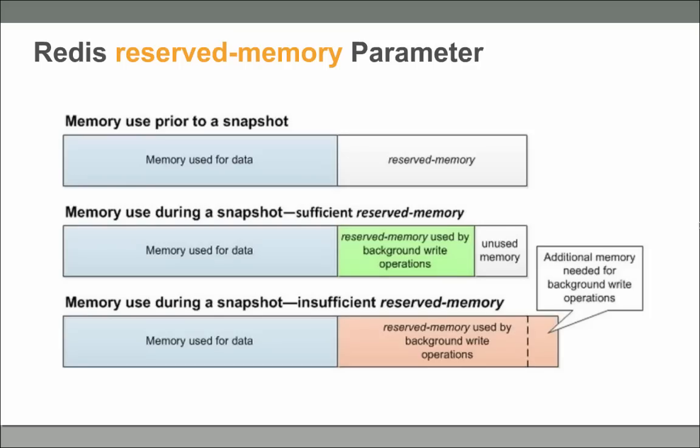That green part is the overhead that's filled in a case where it's healthy. In the third line, you see what happens if it gets overfilled and you didn't allocate enough reserved memory. So we recommend that, depending on how write heavy your load is, you allocate up to 50% to this reserved memory.